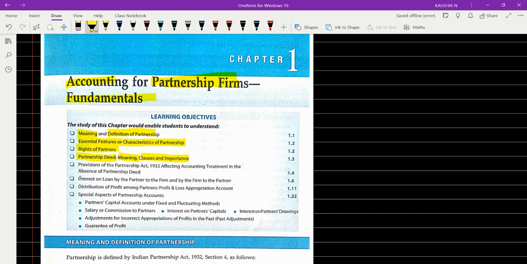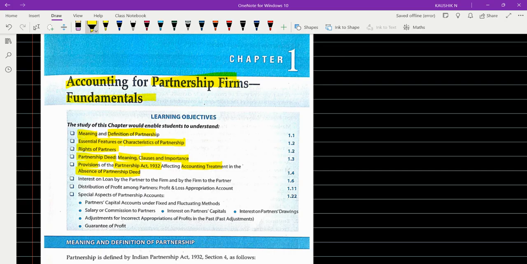And then we'll come across something called Provisions of the Partnership Act 1932 that will affect the accounting treatment in the absence of a partnership deed. So basically, for a partnership business, the deed is not compulsory. Okay, that means it can be there or it need not be there.